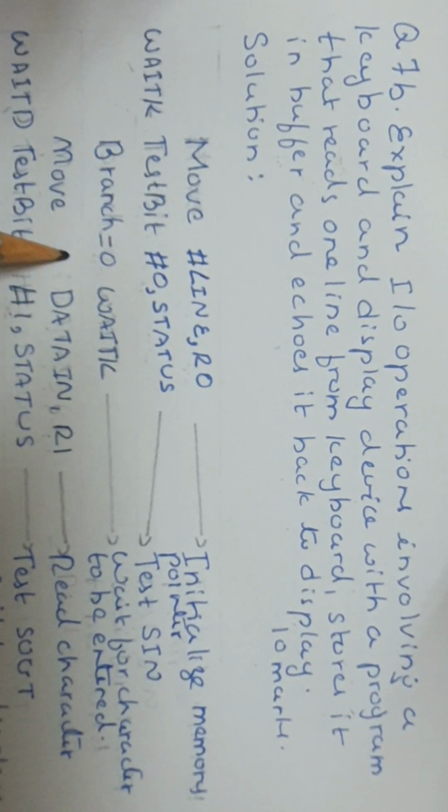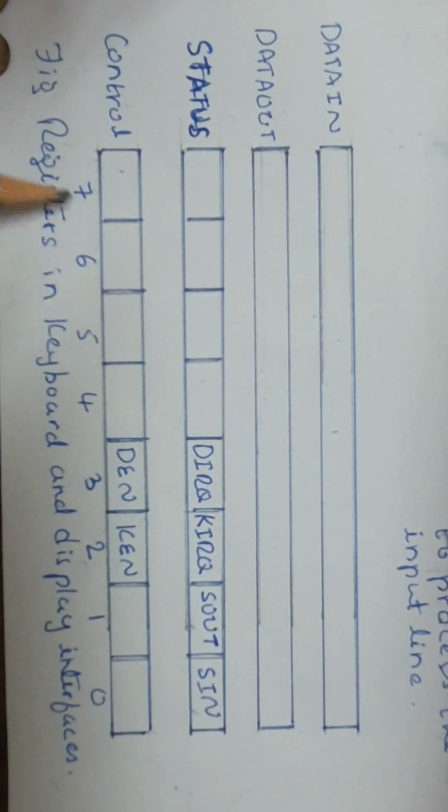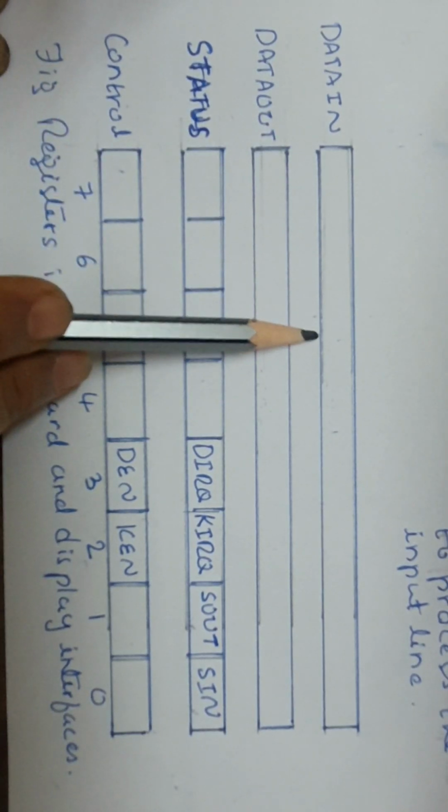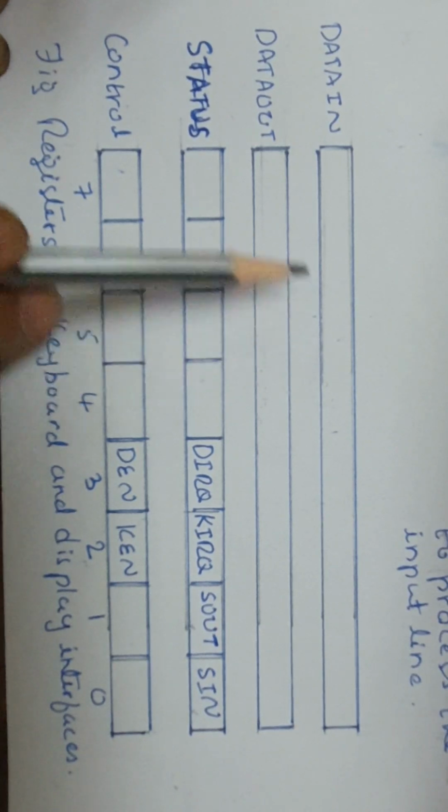Before going to this program, we should have some prior knowledge of the registers in keyboard and display unit. So these are the registers in keyboard and display interfaces. So DATAIN is the register which holds the keyboard pressed character.